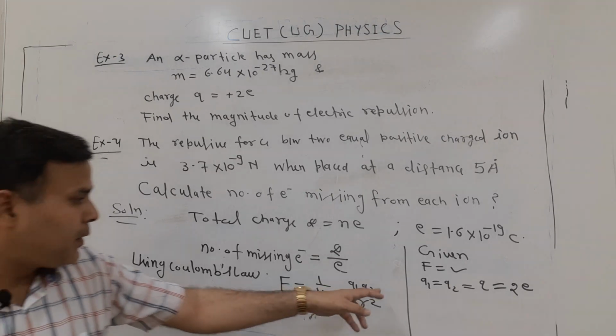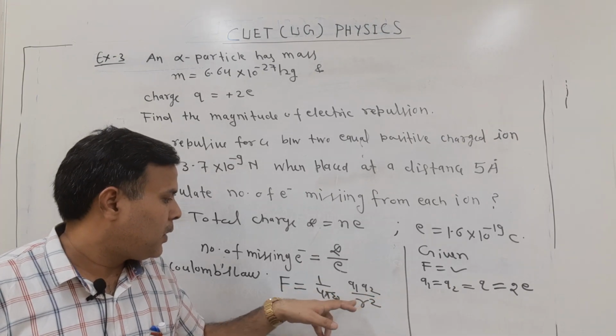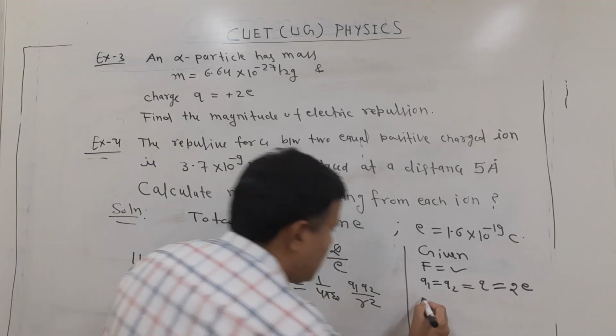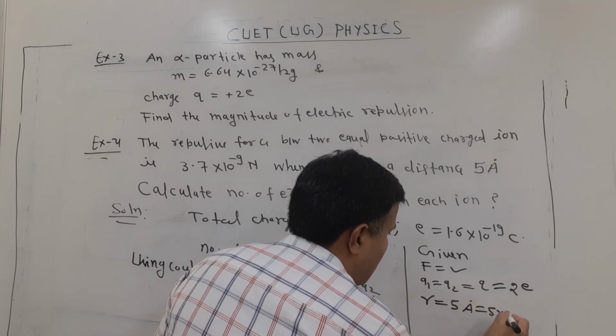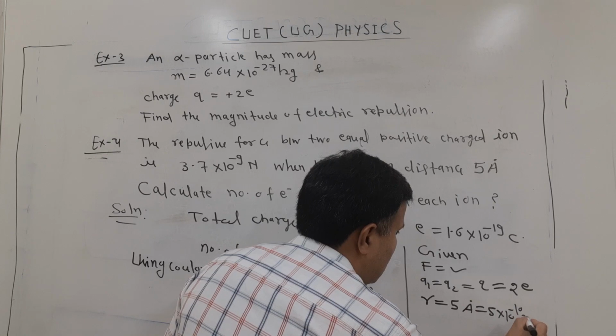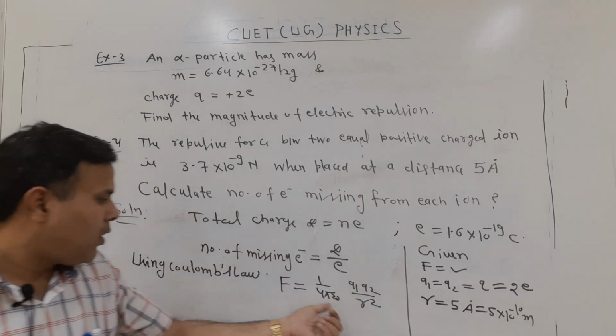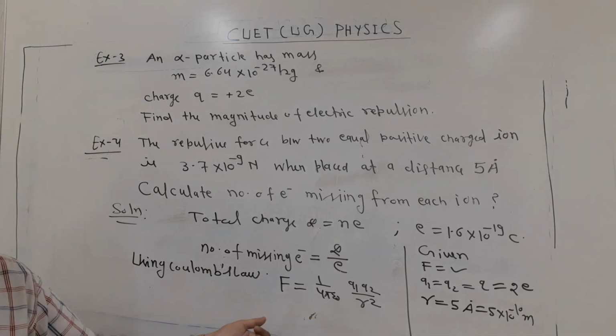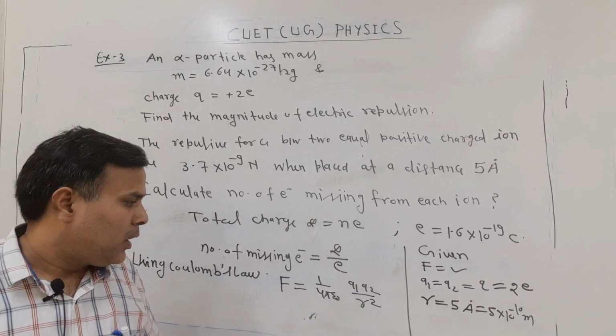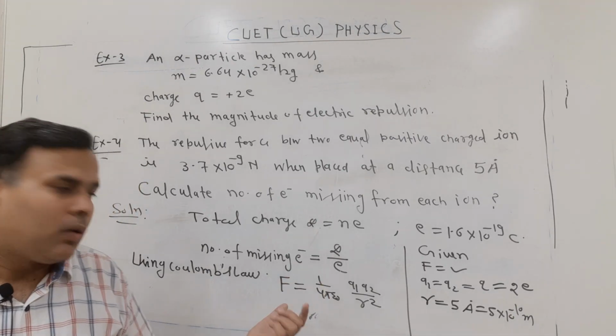Now putting the value of Q, twice of E, and R square, where R is 5 angstrom, which in the MKS system is 5 into 10 to the power minus 10 meter. We know that 1 upon 4 pi epsilon 0 is simply 9 into 10 to the power 9 Newton meter square per Coulomb square.